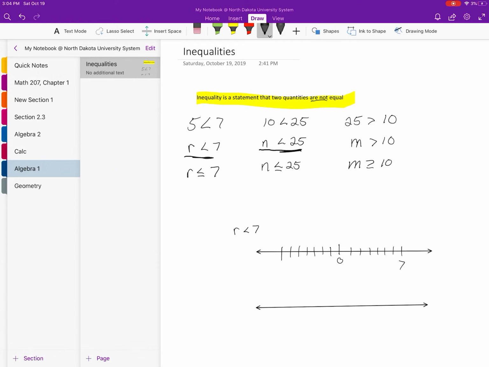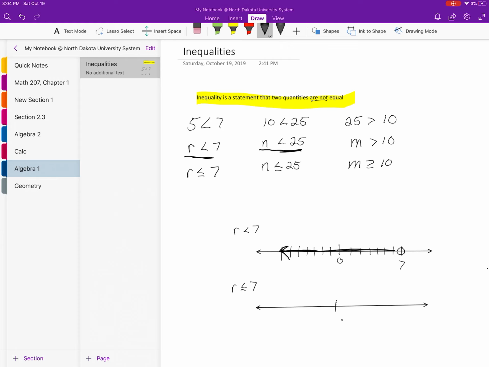It's just less than. All numbers less than 7 are a solution to this particular inequality, which means we would graph it with an open circle on 7 and an arrow pointing in the less than direction, which means all of the numbers less than 7 are a solution.